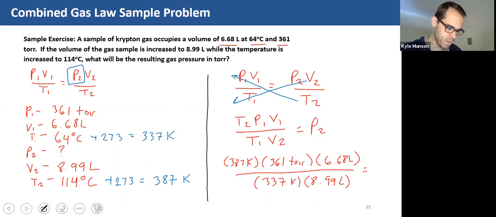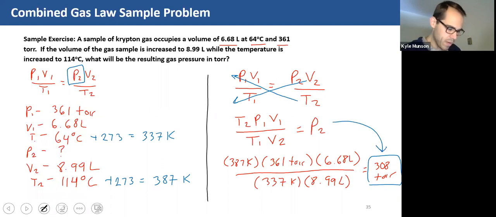answer we get. So 387 Kelvin times 361 torr times 6.68 liters divided by 337 Kelvin divided by 8.99 liters. I get a pressure of 308 torr for P2.